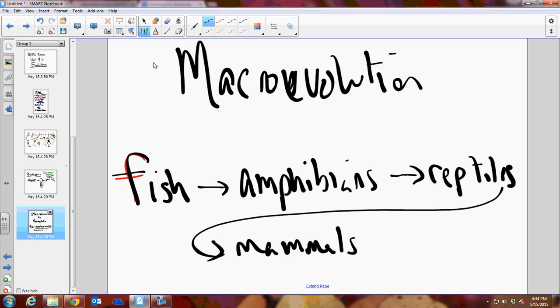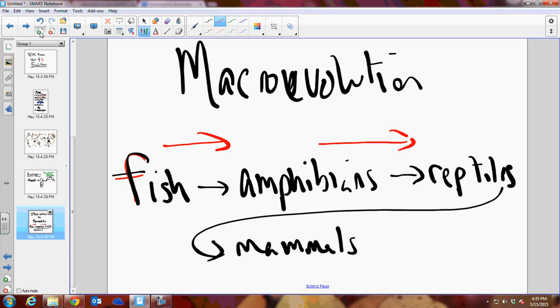And so this would show a macroevolution change over time, but what sorts of micro changes have to happen in between each one of these? And so that's how we need to think about the difference between micro and macro evolution.